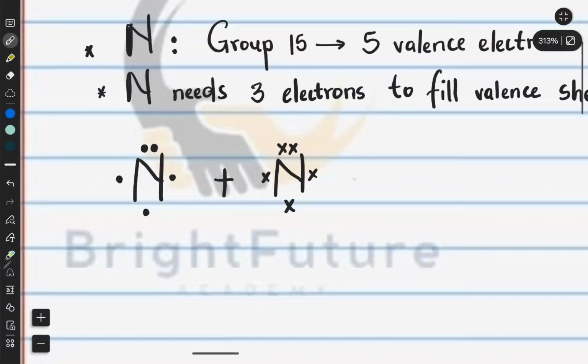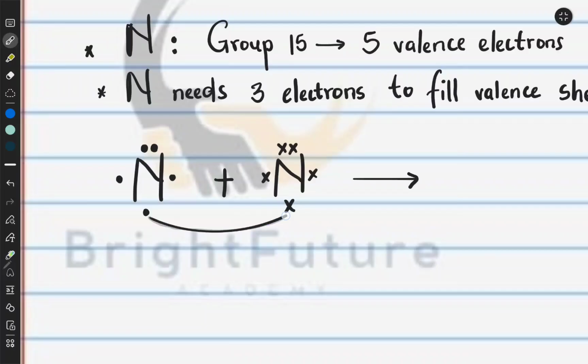So now, because nitrogen needs 3 to fill its valence, how it forms that nitrogen gas molecule is that they get paired. This one gets paired with that one. That one gets paired with that one. And lastly, this one gets paired with that one.